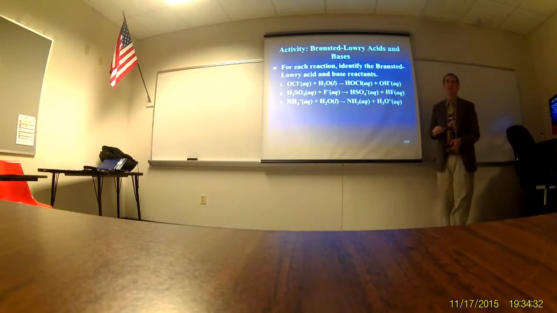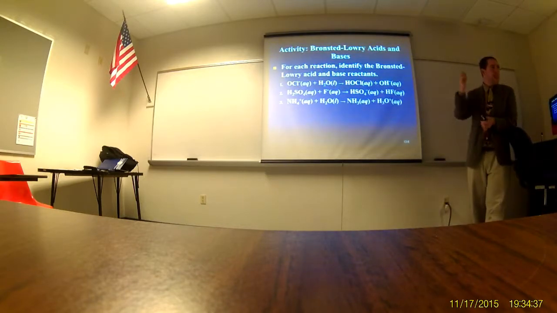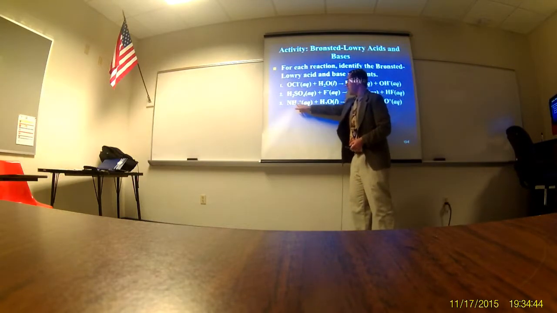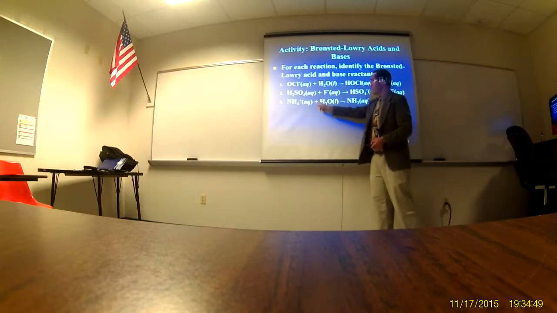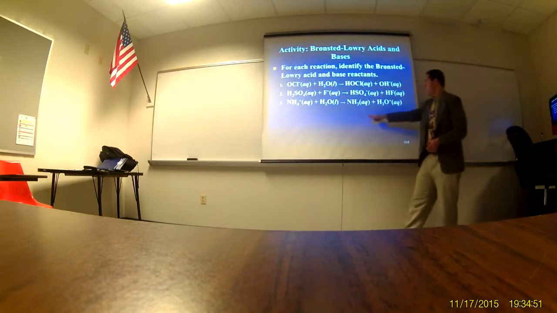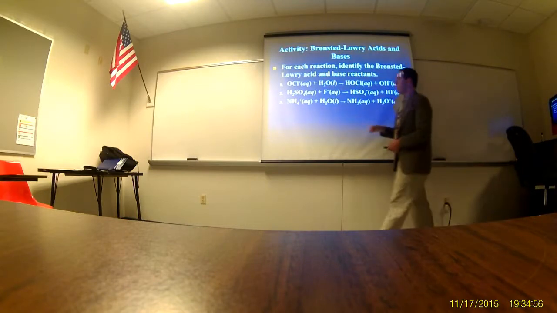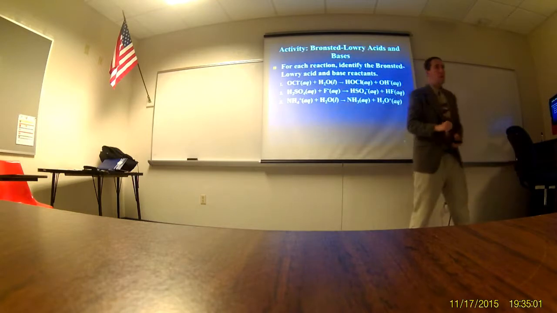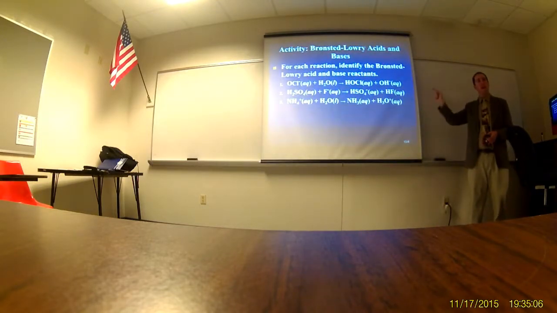How about here? What's the acid, what's the base? Which one is giving away a hydrogen? NH4 gives away a hydrogen to go from here to here. And in this case, the water is gaining it to go to H3O+. So NH4 plus is an acid. Where on the previous slide, I think it was the previous slide, did we make NH4 plus?